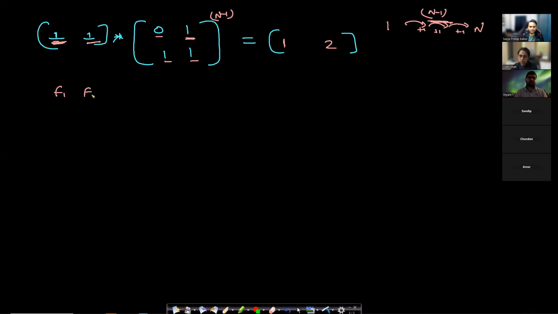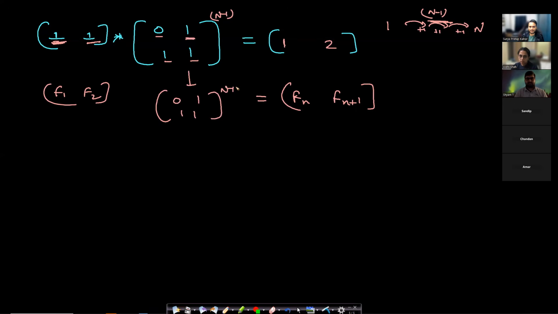From f1, f2, I will reach fn, fn plus 1 in n minus 1 transitions. So if I write this 0, 1, 1, 1 raised to the power of n minus 1 and multiply, I will reach this state. So what I have to calculate here is the magic matrix raised to the power of n minus 1. That's it. I don't want to do anything else.